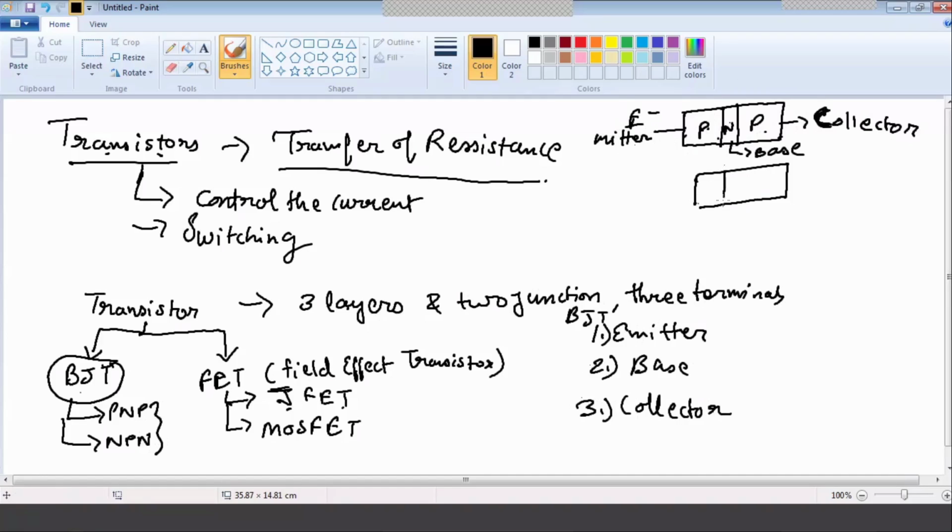In NPN, we again have three terminals, emitter E, base B, collector C. So now here emitter and collector are of N type, right?